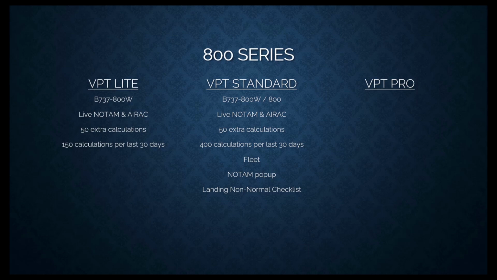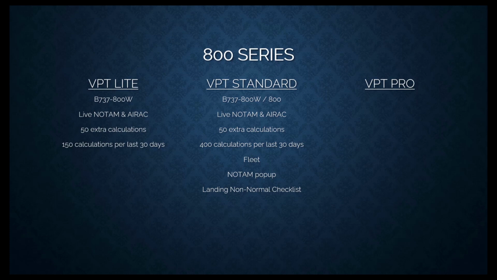You will also have access to the Fleet app when it's available, and you have access to the NOTAM pop-up inside the VPT, where you can actually change the airport data based on real NOTAMs that might not be included here. So you can still change those and adapt, add an extra obstacle, reduce the length of the runway, remove a stopway that may be closed or in a working status.